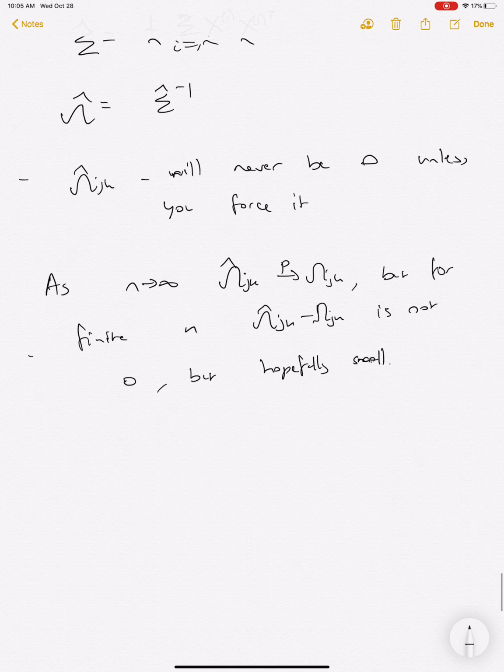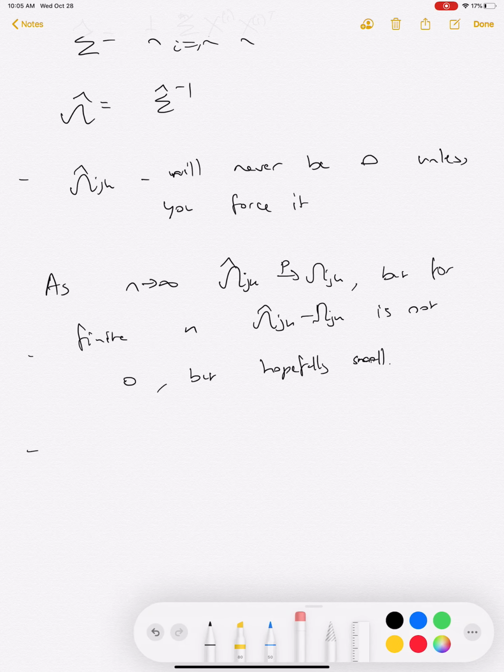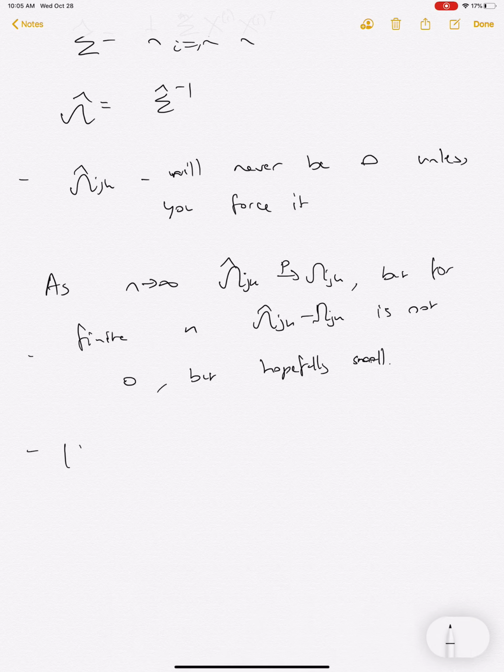So if omega jk is zero, omega hat jk is not zero, but hopefully small.